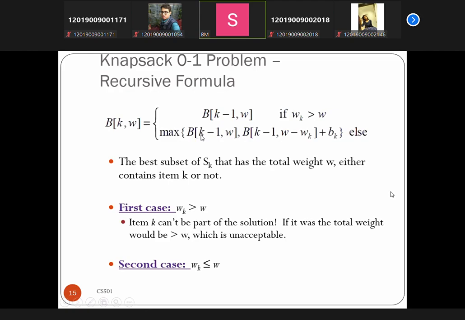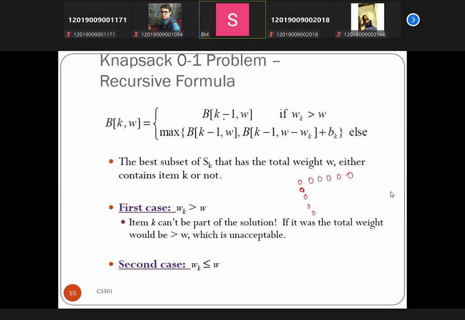If you consider the matrix which comprises the first row with all 0, and the first column position is already 0, you have to calculate this position.